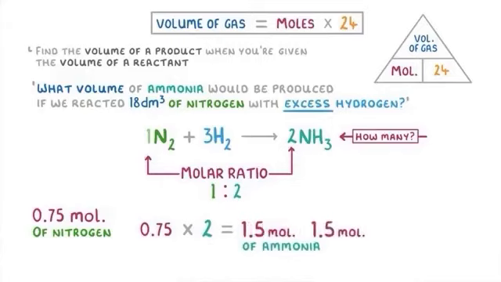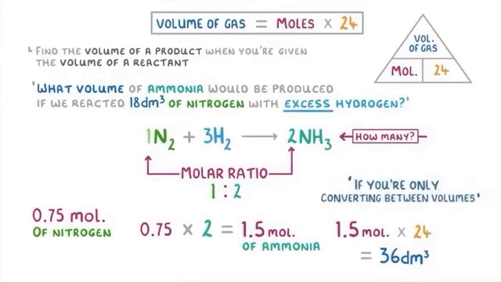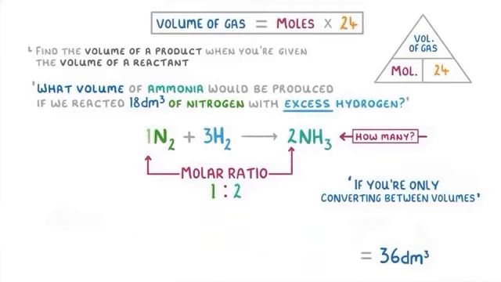Look at the ratio. It's 1 to 2. We are moving from volume to volume, so you just multiply 2 times 18 and you get 36 decimeters cubed that reacted.